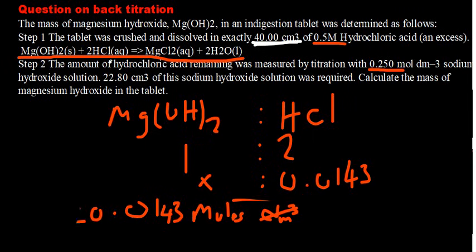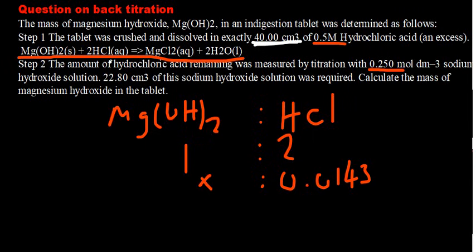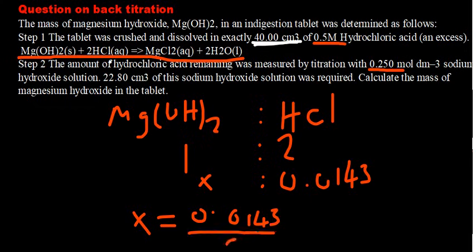How do you go about it? You cross multiply. For you to find the value of X, it's going to be 0.0143 divided by 2. If you divide that by 2, you have 7.15 by 10 to the power negative 3.